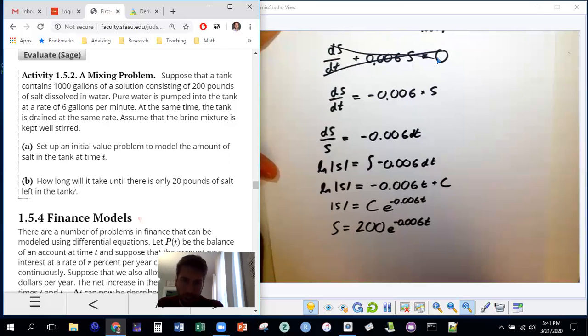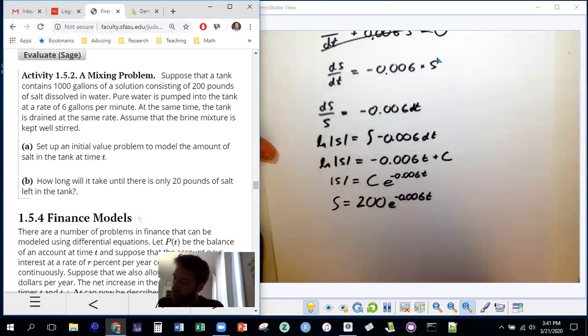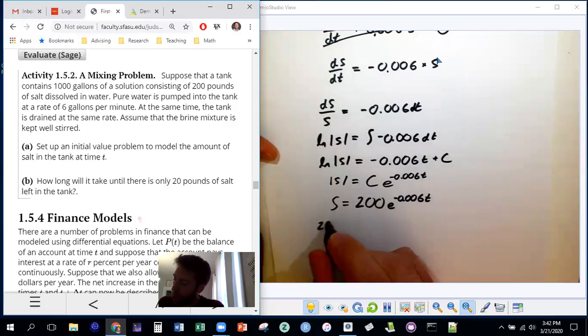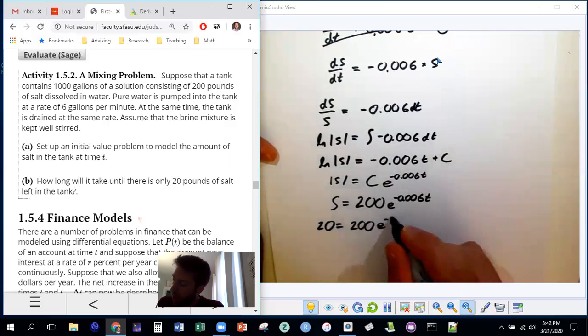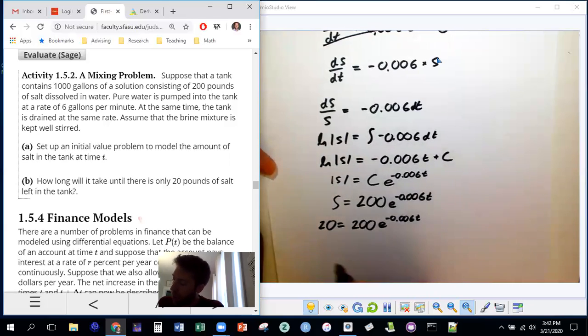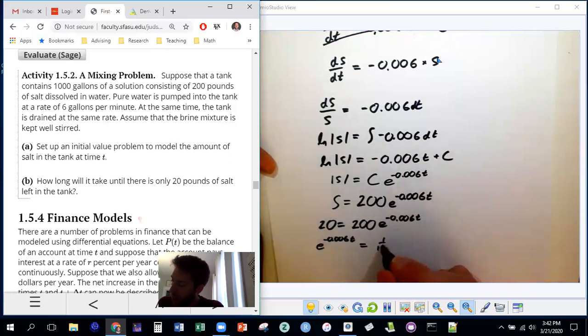How long will it take until there's only 20 pounds of salt left in the tank? Then 20 equals 200 e to the negative 0.006 t. 20 is 1/10 of 200. So e to the negative 0.006 t equals 1/10.